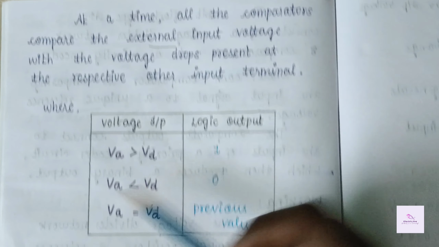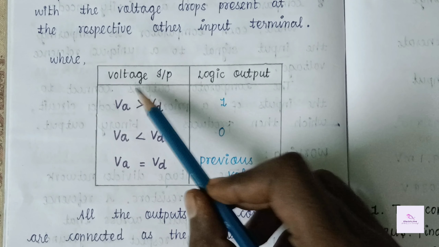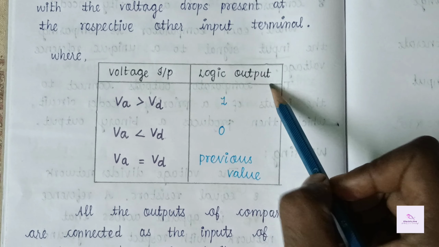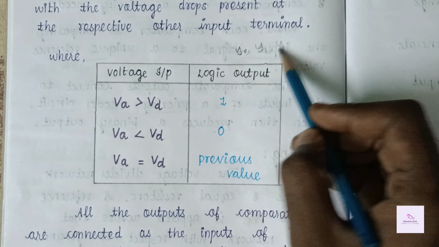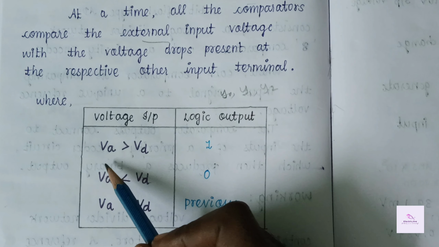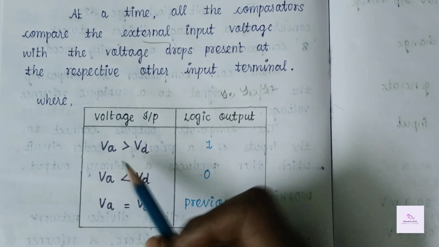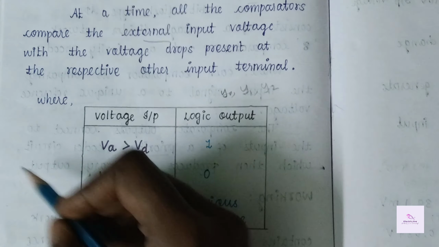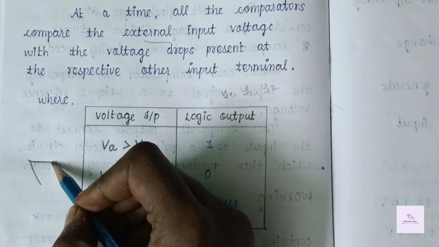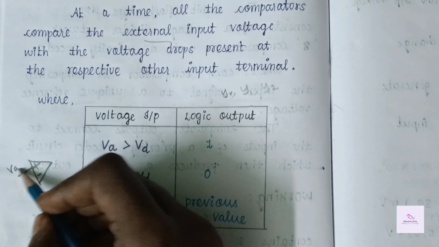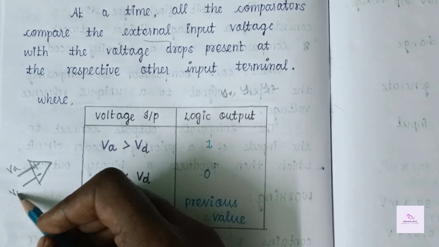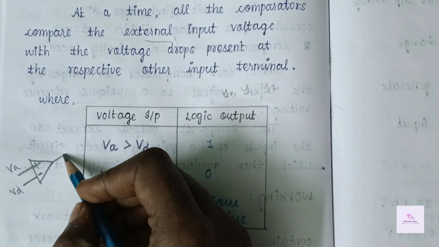This is the voltage input, and this is the logical, digital output. VA is the non-inverting terminal, positive, and VD is the inverting terminal, negative. Then the output is X.